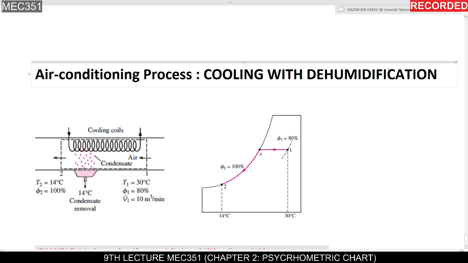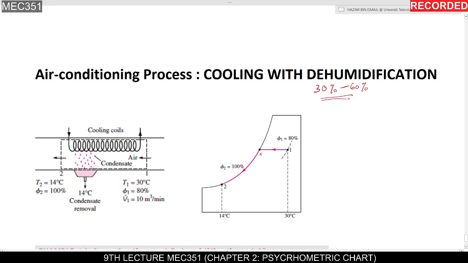Why? Because we know in tropical countries like Malaysia, we have high relative humidity or specific humidity also. So we have to decrease the value of humidity to get our thermal comfort. What is our thermal comfort range? Between 30% to 60%.